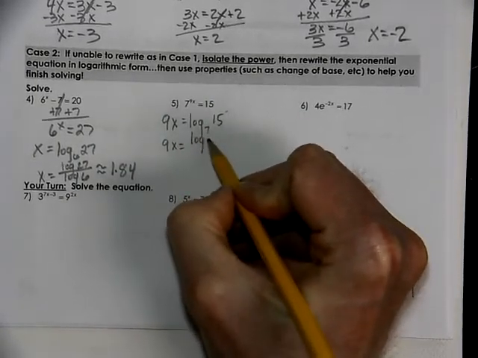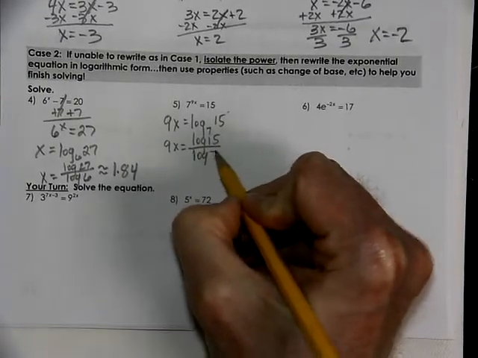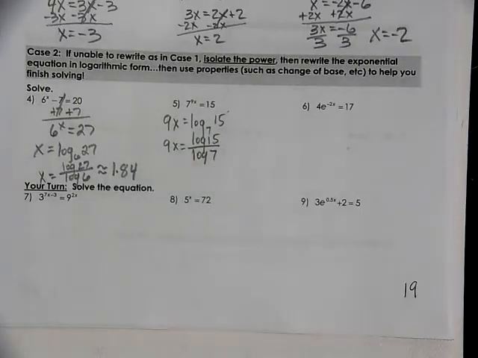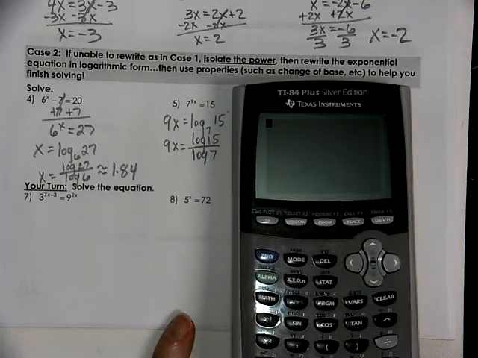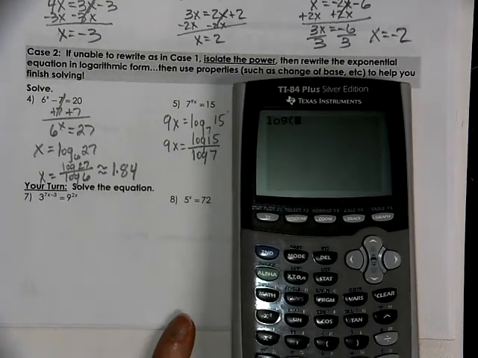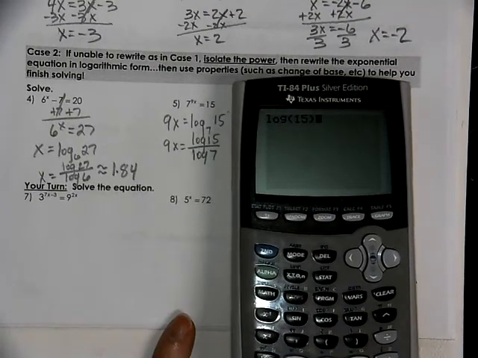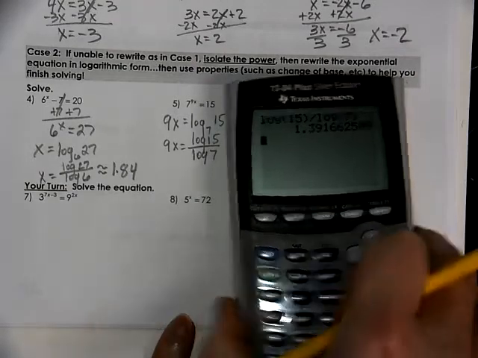So we would use log of 15 over log of 7. Change of base formula. Our calculator can easily do the common log. So the common log of 15 divided by the common log of 7 gives us 1.39.